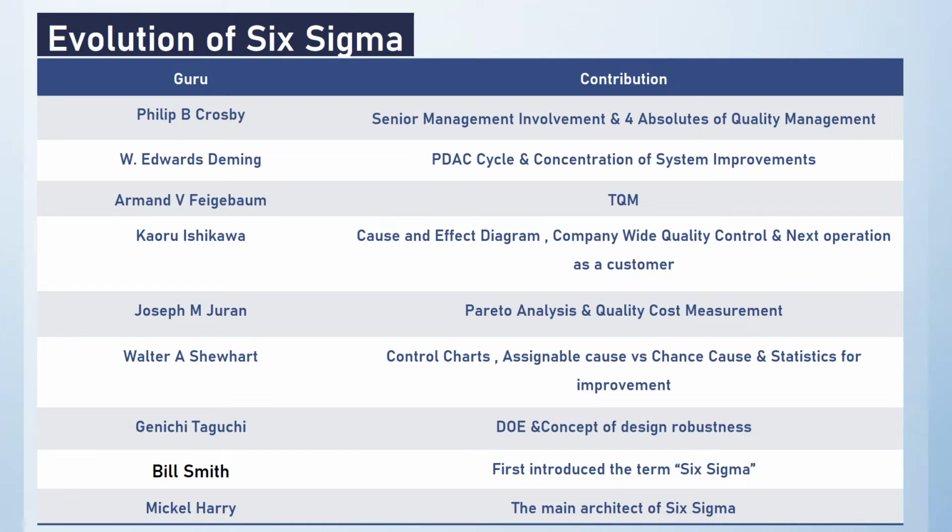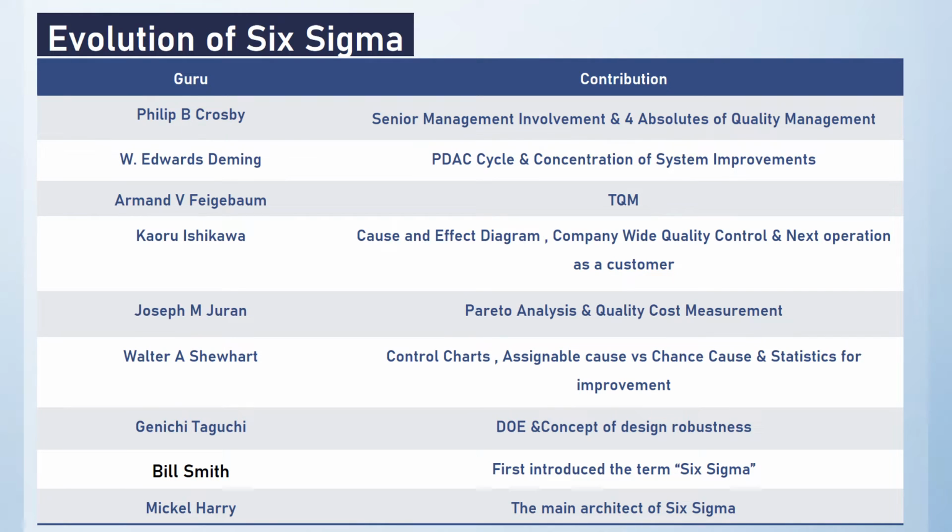And Shewhart, everybody knows the control chart and assignable cause, these terminologies were invented by Shewhart. And Taguchi, that's DOE, the greatest tool for critical problem solving, where a problem contributed by multiple factors is addressed in DOE. And the next great person is Bill Smith, who introduced the term Six Sigma.